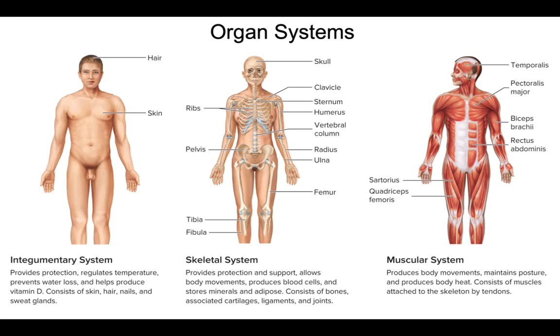So what are some of the functions? Protection's a big one. We've got what's called the epidermis that has a lot of layers of cells to it that offer a lot of protection. It helps regulate our body temperature so we can sweat and cool the body. We can change blood flow to the skin in order to remove heat.